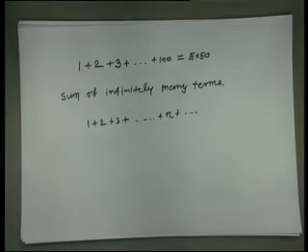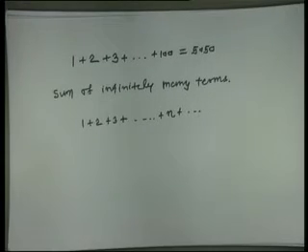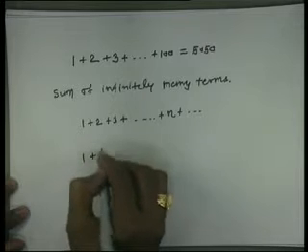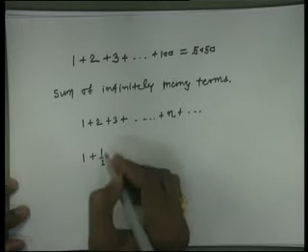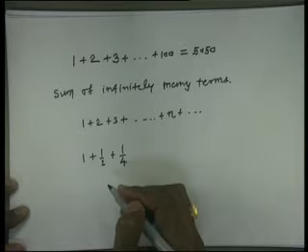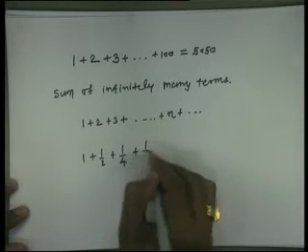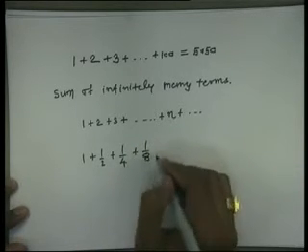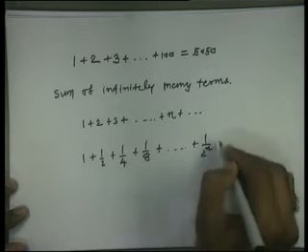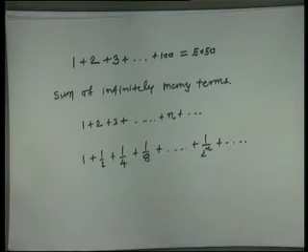We have to consider how it is possible to sum these infinitely many terms. Similarly, let us consider one more: 1 plus 1 by 2 plus 1 by 4 plus 1 by 8, 2 raised to n and so on.